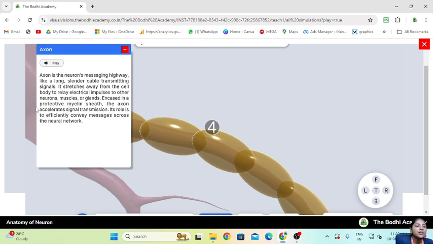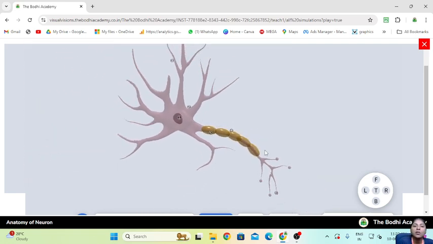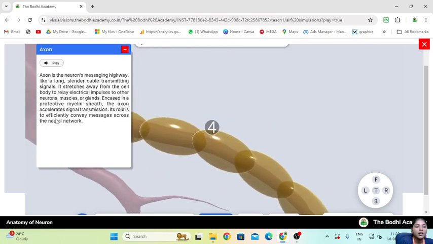Now encased in a protective myelin sheath, the axon accelerates signal transmission and its role is to efficiently convey messages across the neural network. So basically the main function of the axon is to efficiently convey the messages across the neural network.